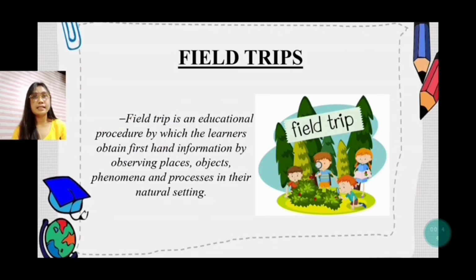First method is by field trips. Field trip is an educational procedure by which the learners obtain first-hand information by observing places, objects, phenomena, and processes in their natural setting.